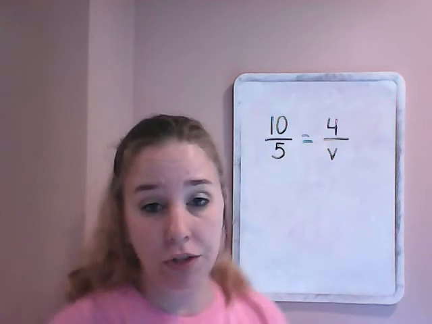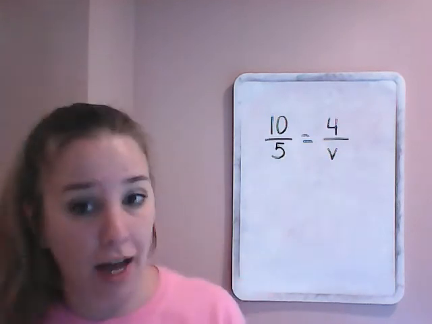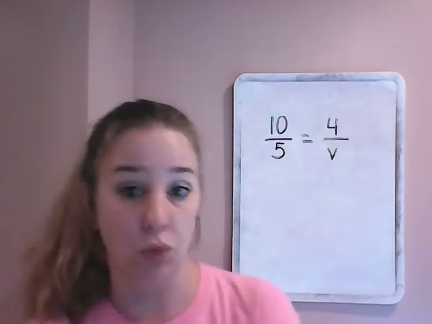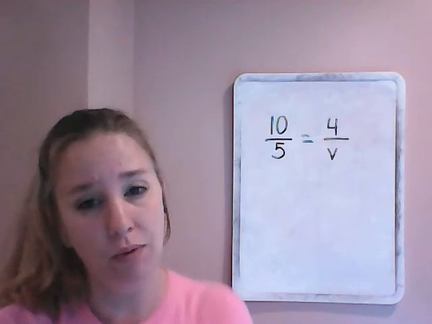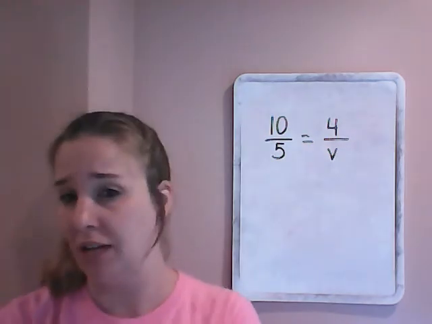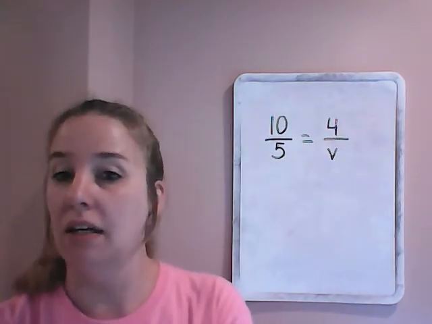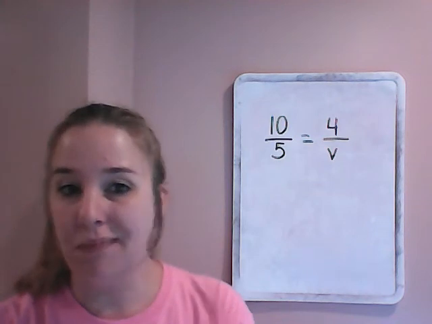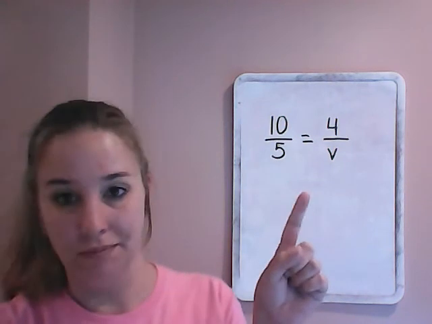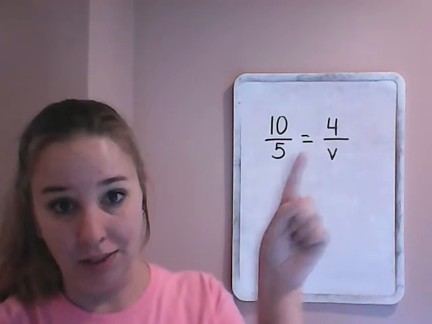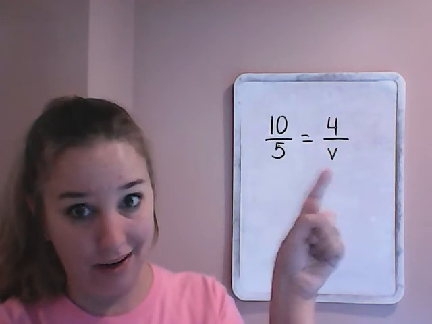Okay, so just like the last video when we were comparing whether or not fractions were equivalent or not, we are going to use that cross multiplication method. The difference here is that it's saying these are equal. It's telling us right there with that equal sign that this guy equals that guy, right?